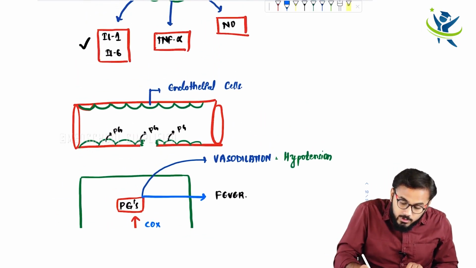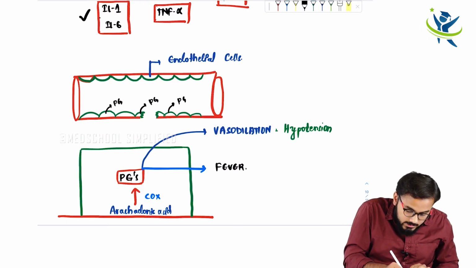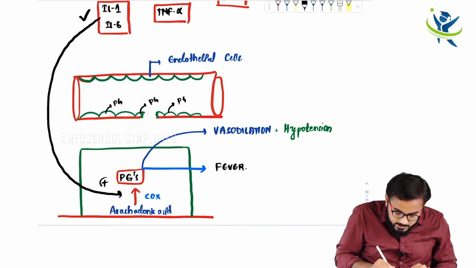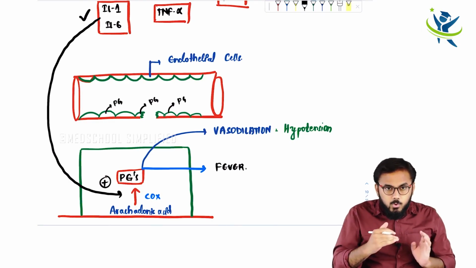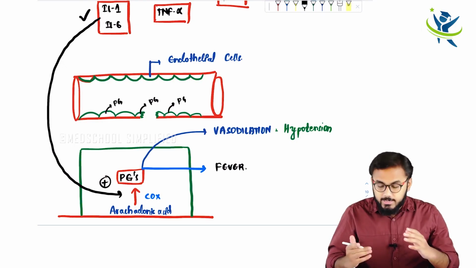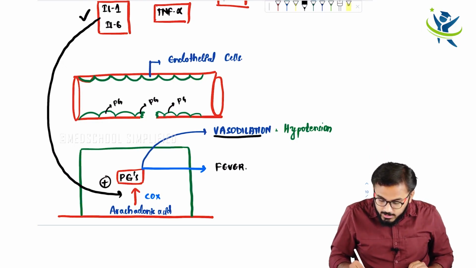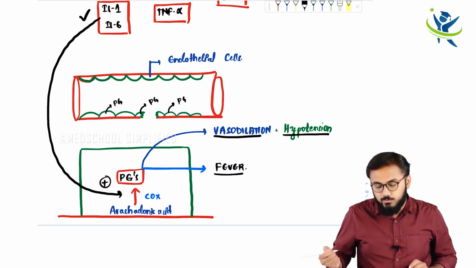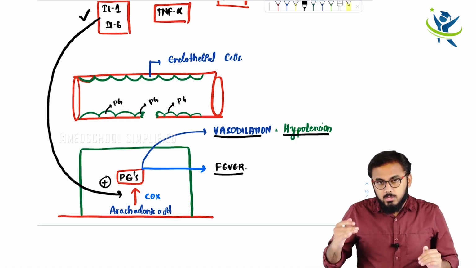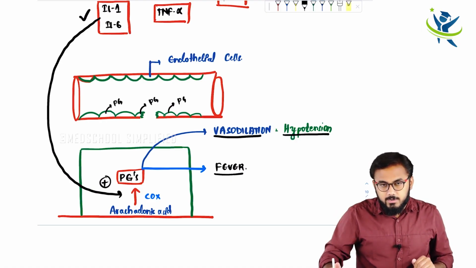Now, this interleukin 1 and interleukin 6 all the way come like this and activate this pathway. The more it activates this pathway, the more prostaglandins are released. The more prostaglandin is released, the more vasodilation and hypotension as well as fever. Clear? Now you understood the function of interleukin 1 and interleukin 6.